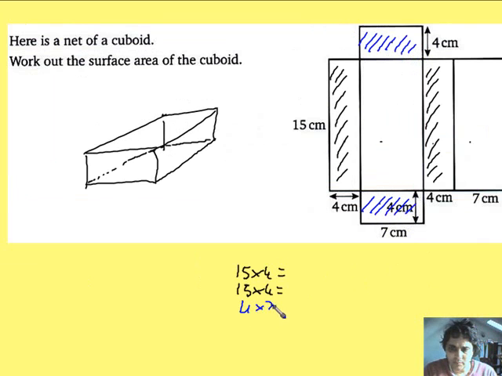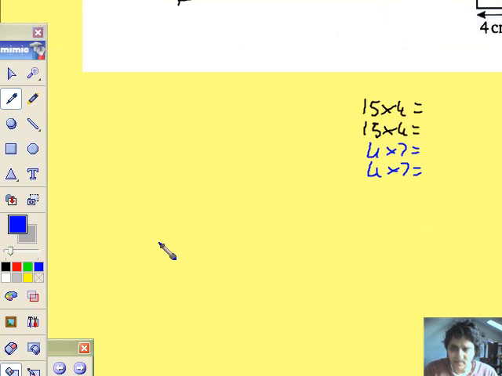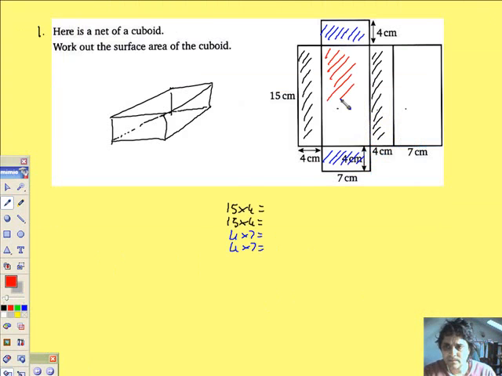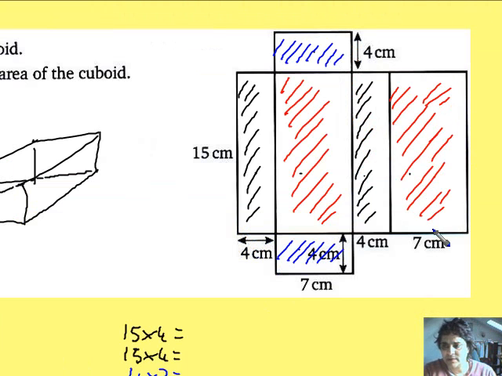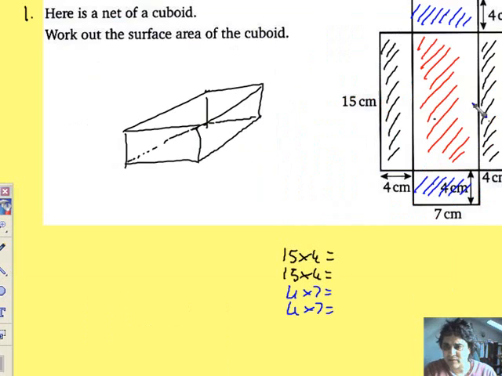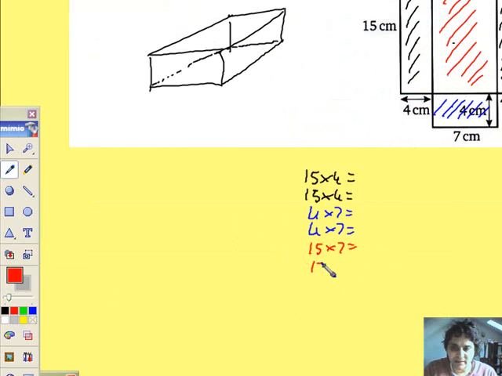I've got one downstairs too, 4 by 7. Then the bottom of the box exactly matches the top of the box, so I'll shade them in red. That's 7 across by 15 long, and there's another 7 by 15 there. Either way I've got 2 of them, and then I'll get the total surface area.